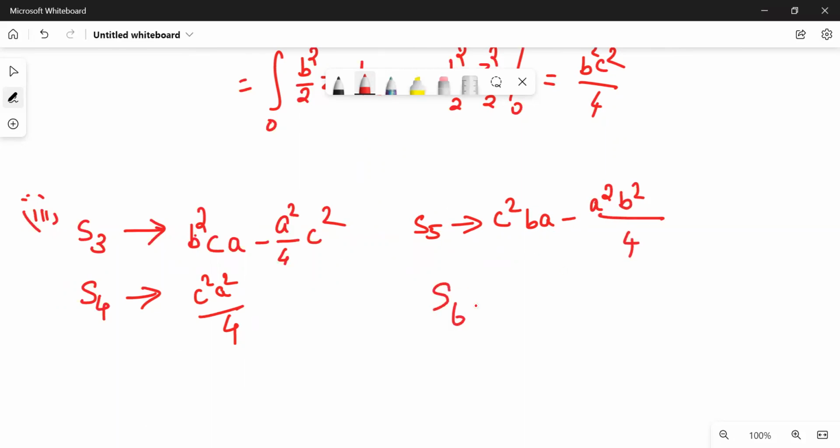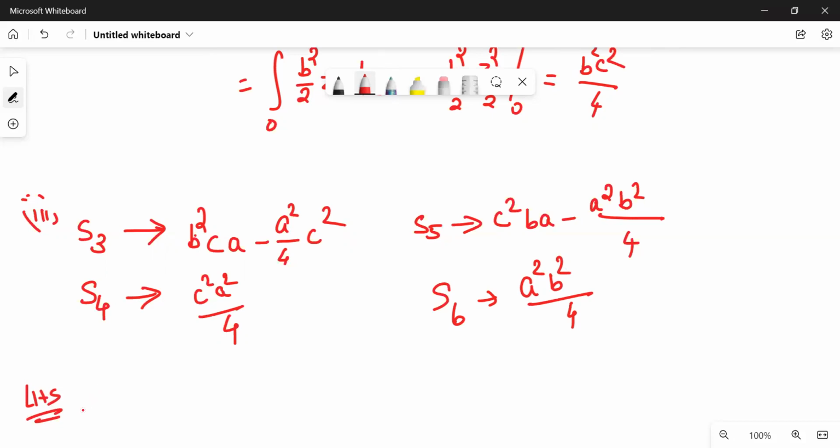For S6, it will be a square b square by 4.